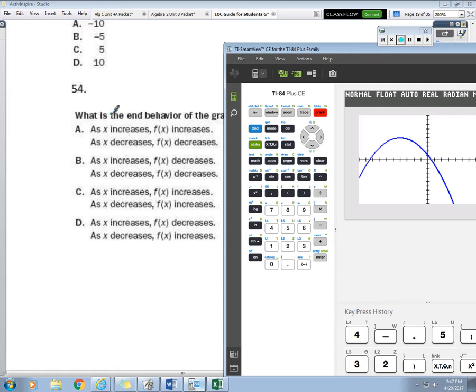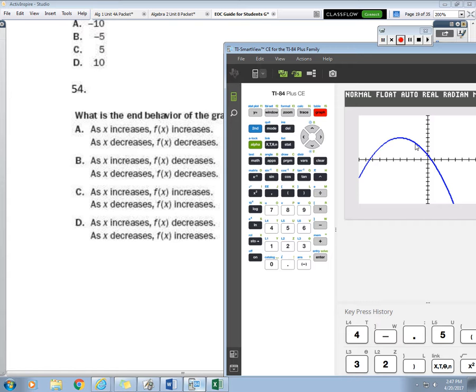Okay, as x increases, and remember x only runs left to right, so increases would be what direction? No, listen to the question, everybody. X is only left to right, so increases would be what direction? Right. As you go to the right side of this parabola, do the y values also increase?